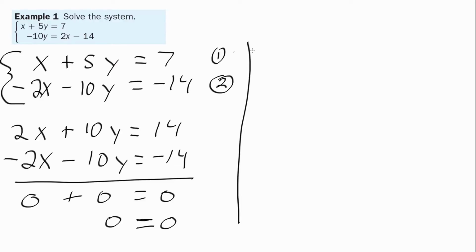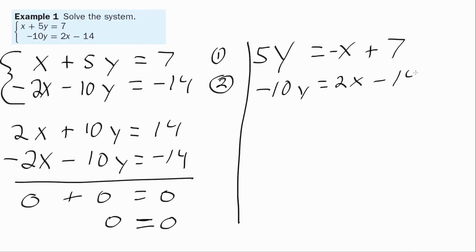If I put it into slope-intercept form, I'd have 5y equals the opposite of x plus 7, and negative 10y equals 2x minus 14. Now I need to deal with the coefficients. So y equals negative 1/5 x plus 7/5.